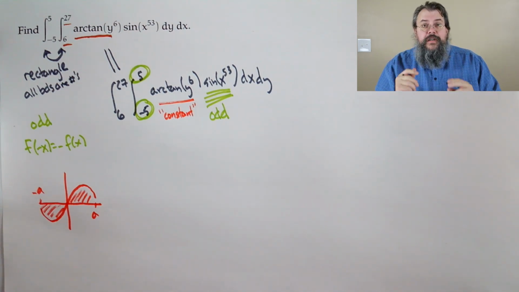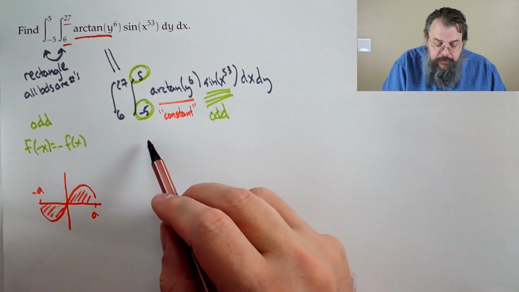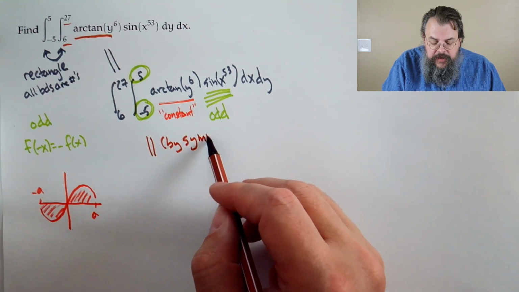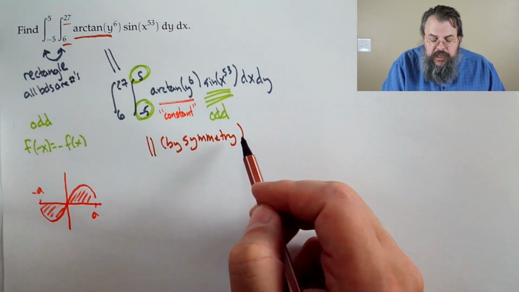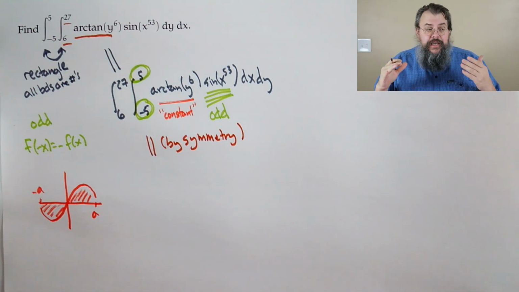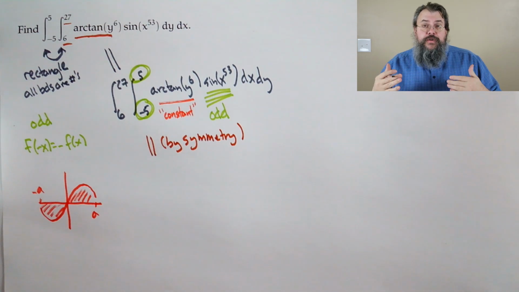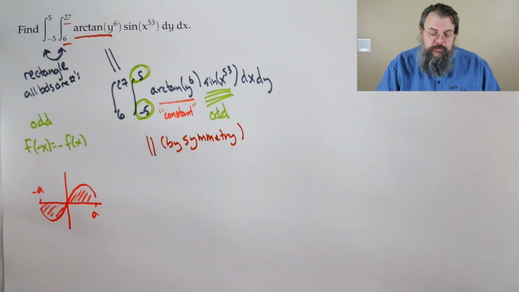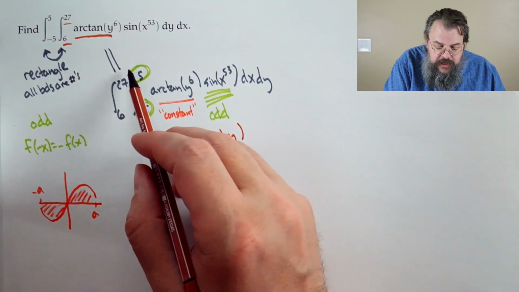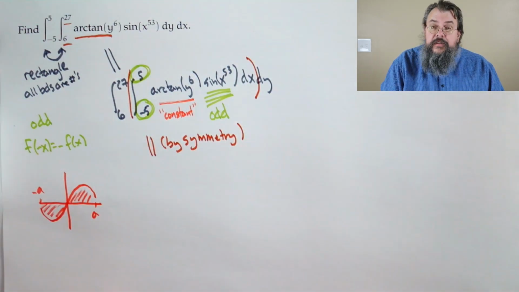But after we switch, we say, aha. So by symmetry, this is the key idea here, we say even though we can't actually find the antiderivative, we know that at the end, the total contribution will be 0. So that says this integral on the inside, this inner integral, is 0.